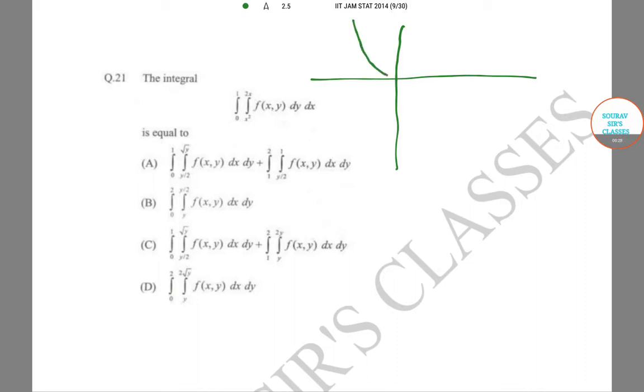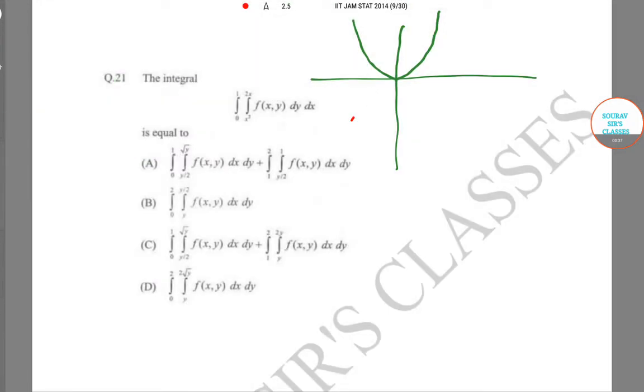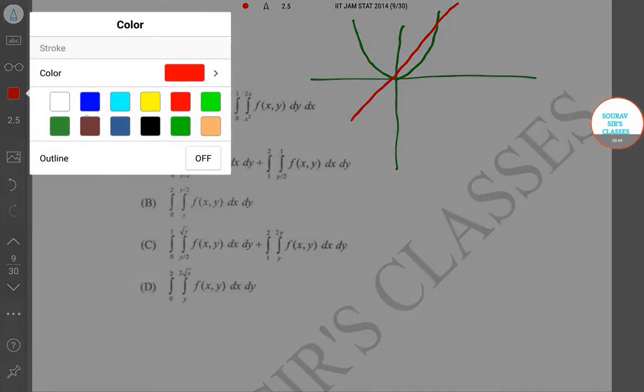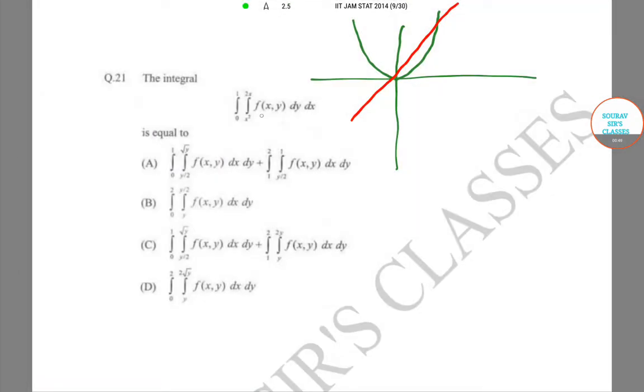Now this is the y equal to x square line, and I'll just use another color. This is the y equal to 2x line. So now from x squared to 2x, as x goes from 0 to 1, y goes from x squared to 2x.